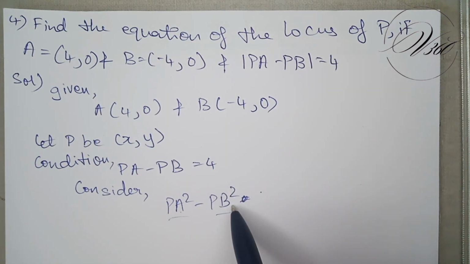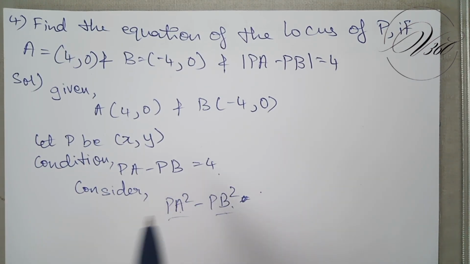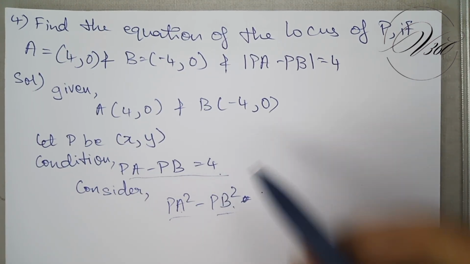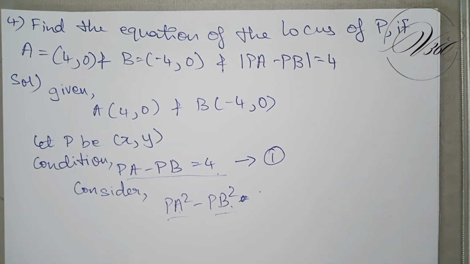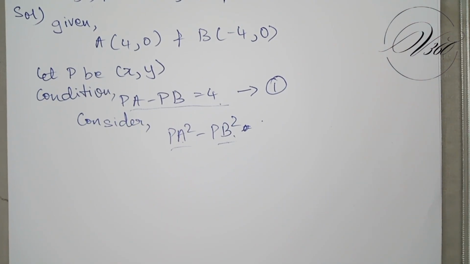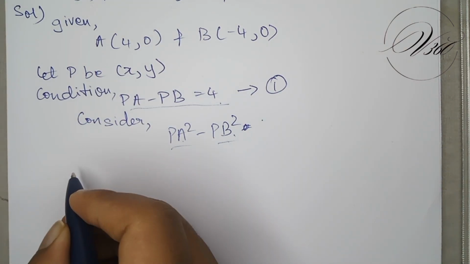If we take square here, we should take square here also, but we have taken a different way. We should take the whole square, but we have taken separate squares for this and this. So we should solve this first and then apply this part. Okay, this is the first equation we have got. In the coming solution, you will understand how I did this.